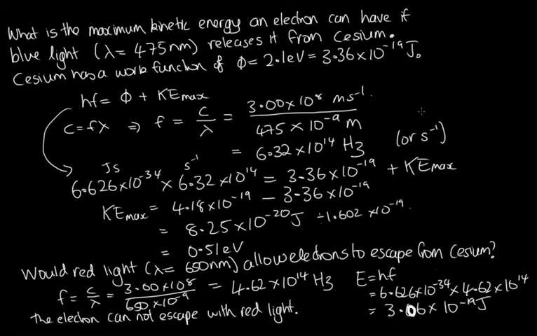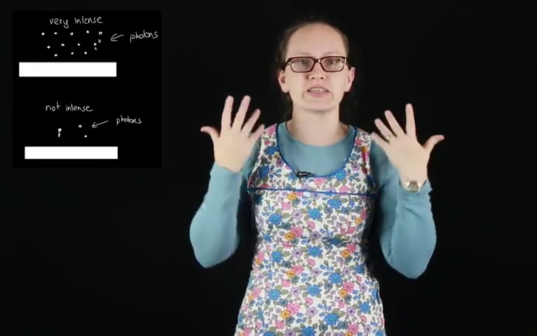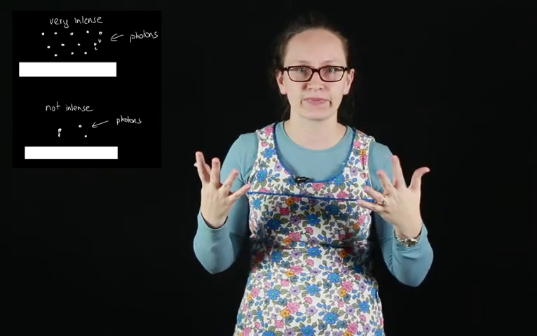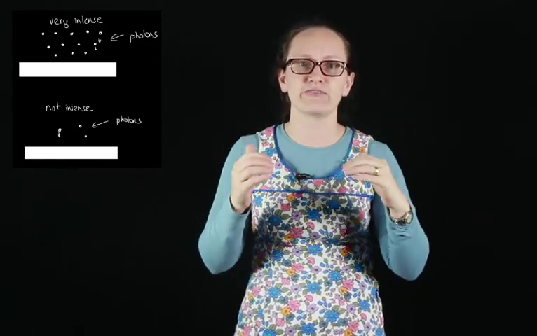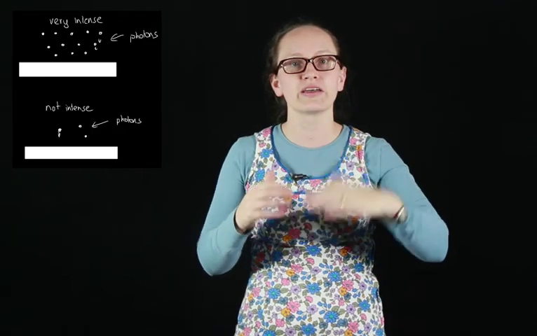So let's have another look at how street lights can make use of this. The intensity of the light hitting the photodetector is related to the number of photons hitting it. Sometimes, if it's a very cloudy day during a thunderstorm or something like that, the intensity of the light hitting the photodetector drops a lot, and that can cause the street lights to go on during the day when there's a big storm on.